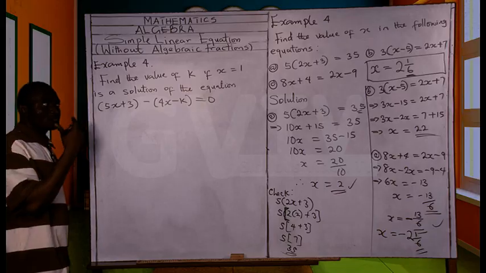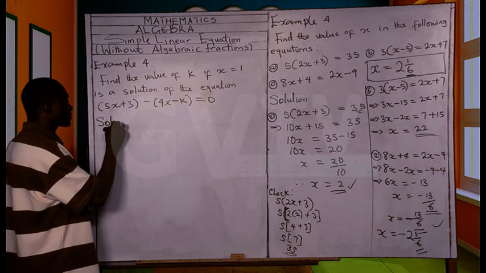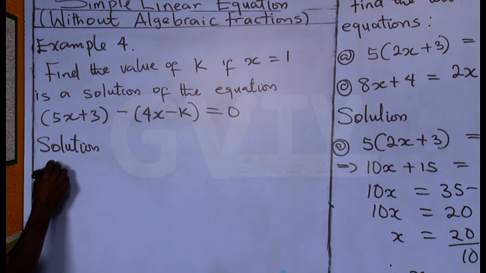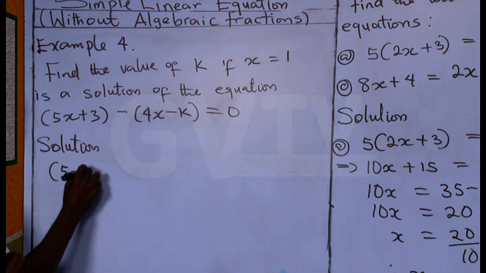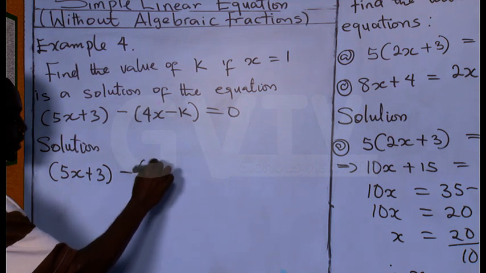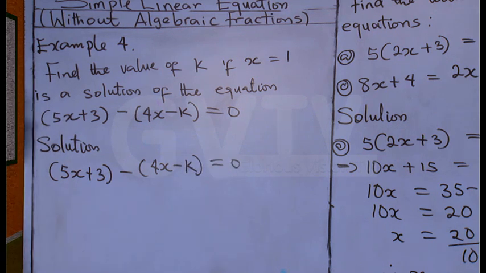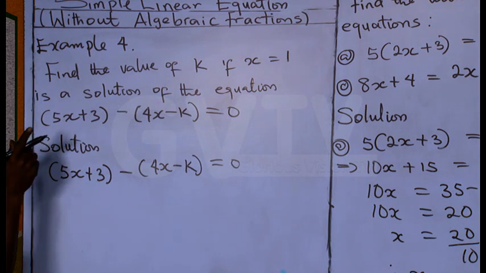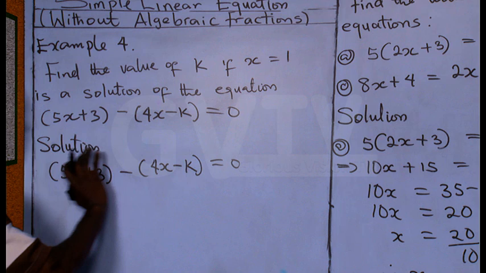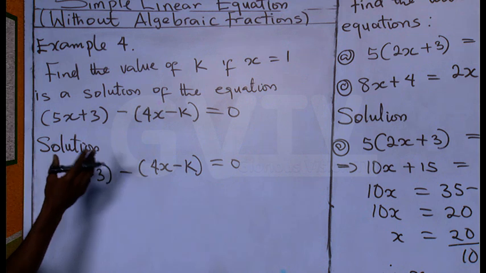Okay, don't be worried. Just look at it. Solution. We have open bracket 5x plus 3, minus open bracket 4x minus k, equals 0. If x equals 1, wherever we have x, we write the value of 1 there.